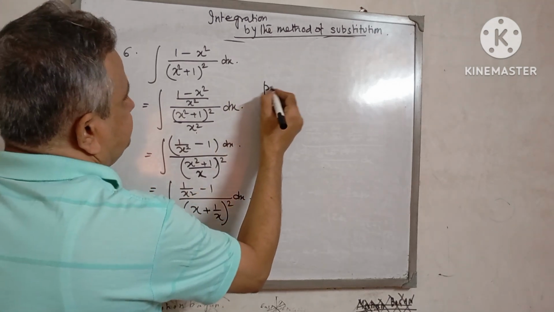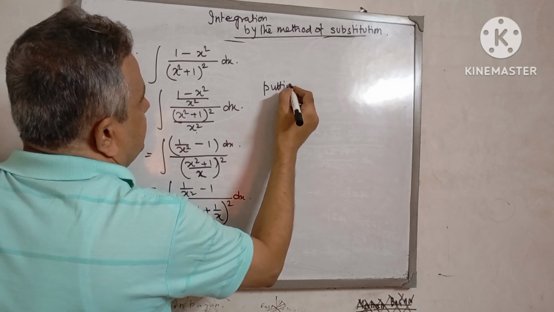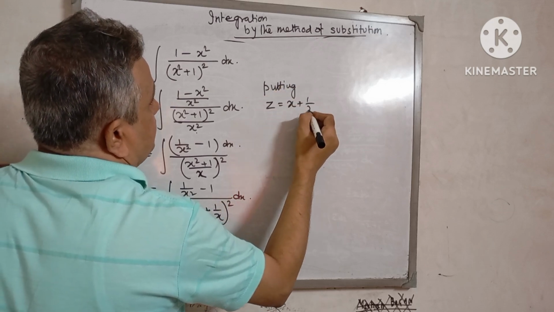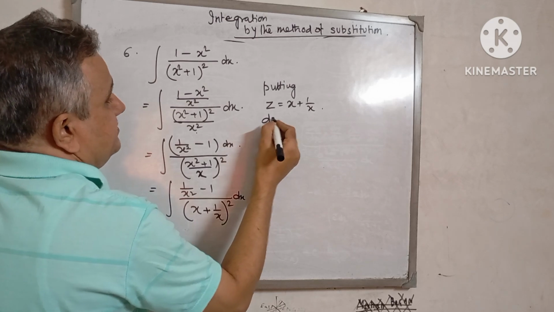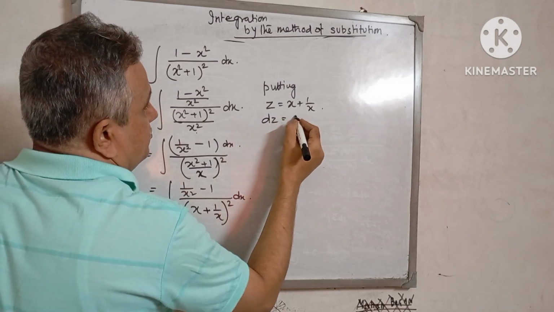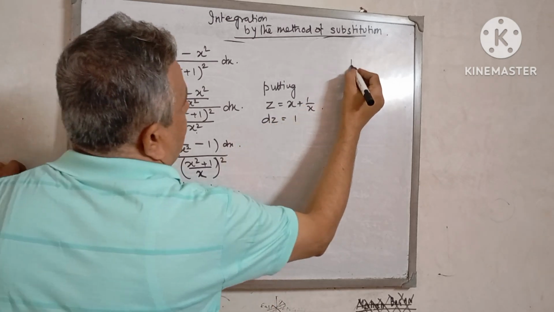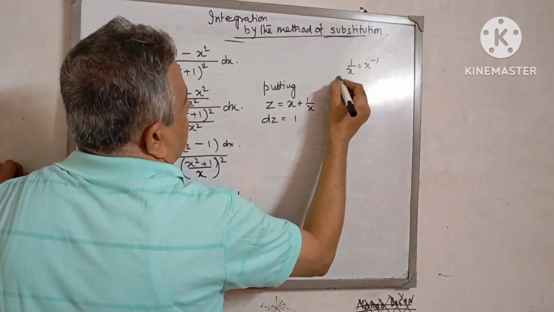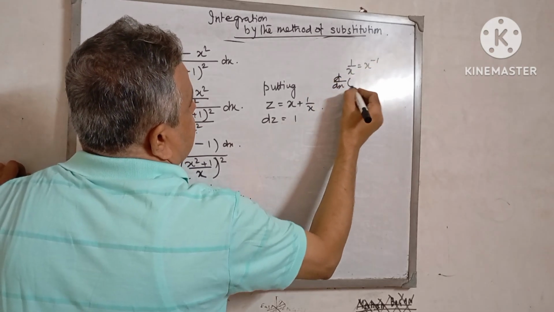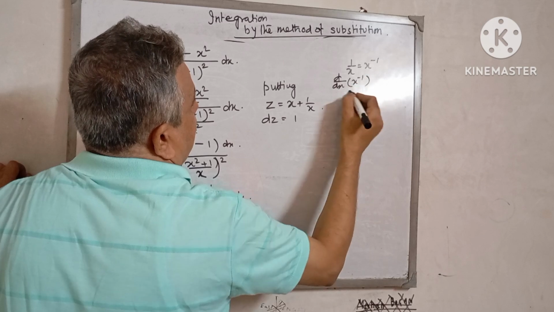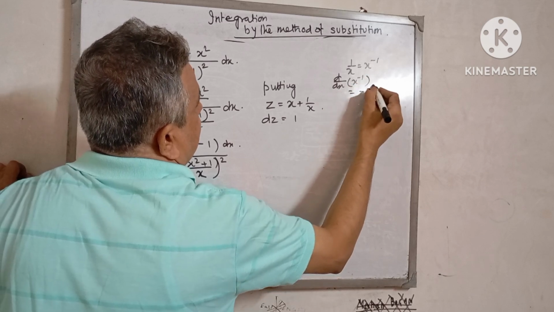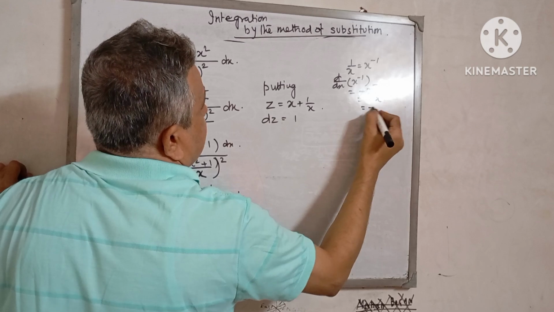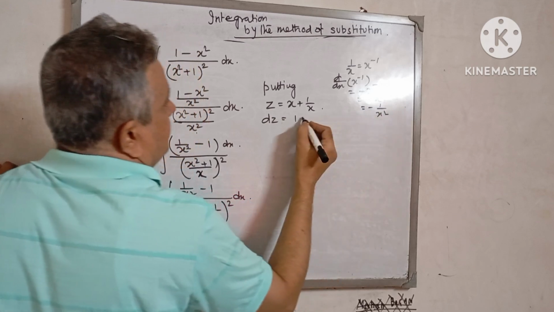Now putting z equal to x plus 1 upon x. Now differentiate dz. Differentiation of x is 1, and 1 by x is actually x to the power minus 1. So by the formula, the derivative of x to the power minus 1 is minus x to the power minus 2, that is minus 1 by x square.